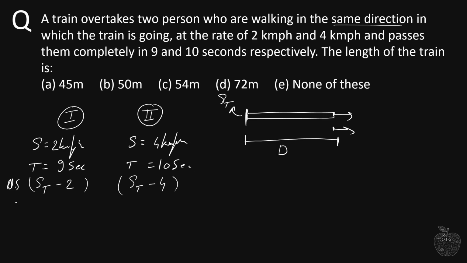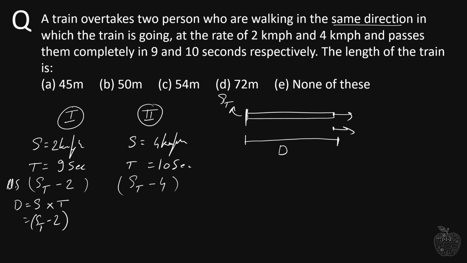Now let's use the formula that says distance is equal to speed into time. We have speed, which is st minus 2 into time, which is 9 seconds. Okay, so now we are given the options that are in meters, and the time given to us is in seconds.